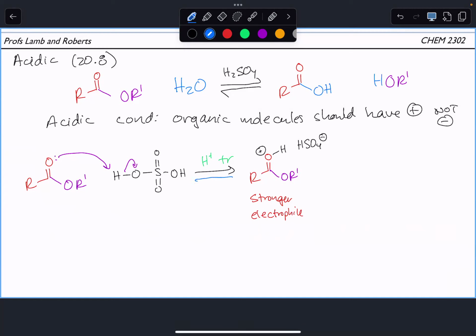Now, these are all reversible steps. Water is our nucleophile. So now we have a stronger electrophile, we can do our addition step. Nucleophile attacks electrophile, break the weakest bond.